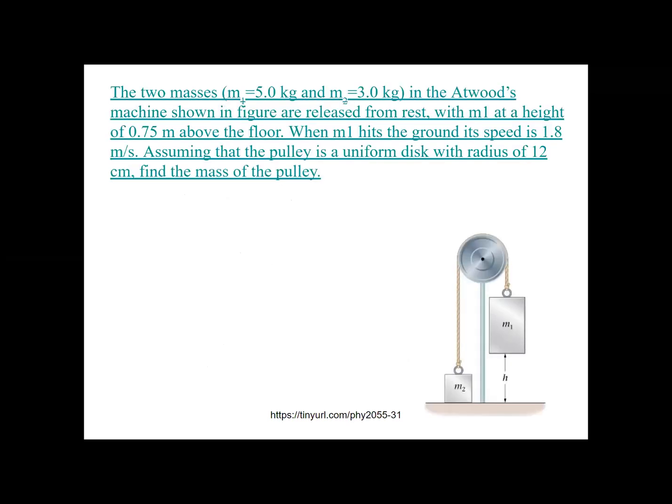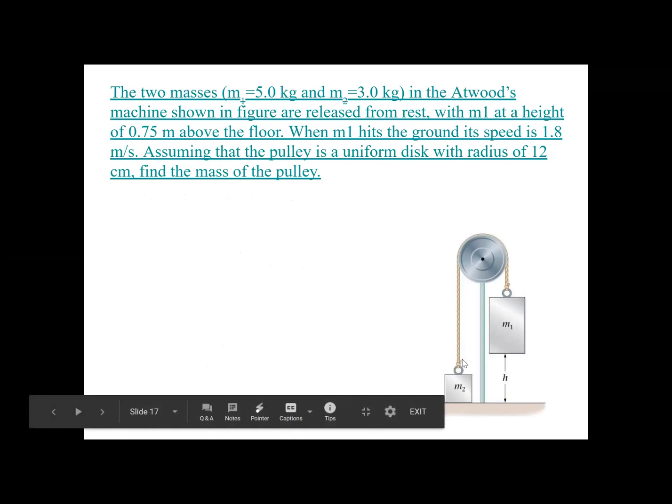All right, let's take a look at an example here. This one says, if you have two masses, this is an Atwood machine, two masses M1 and M2, M1 is 5 kilograms, M2 is 3 kilograms.